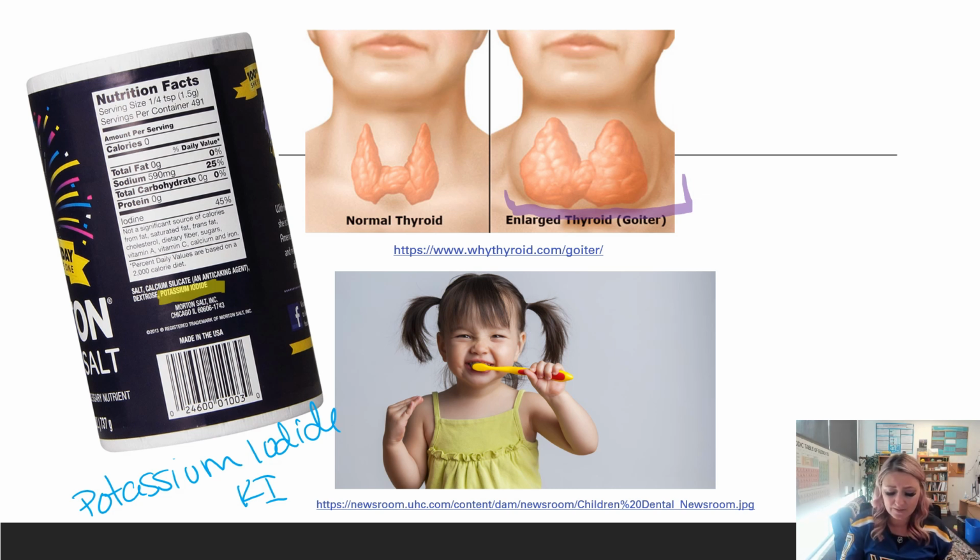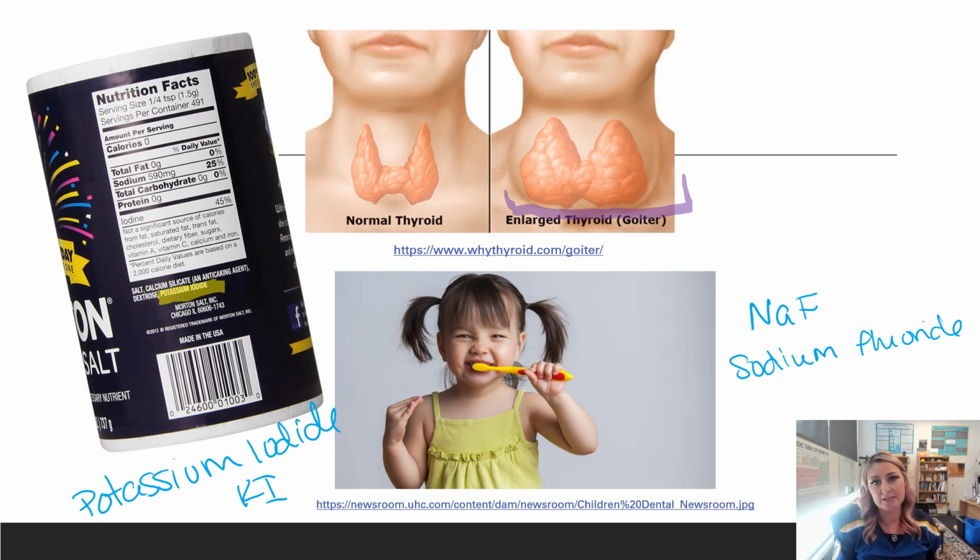Second example of an ionic compound found in your everyday life is NaF, which is sodium, not a transition metal. It's a representative metal, fluoride. And sodium fluoride is added to toothpaste to strengthen the tooth enamel. It also helps to prevent tooth decay.